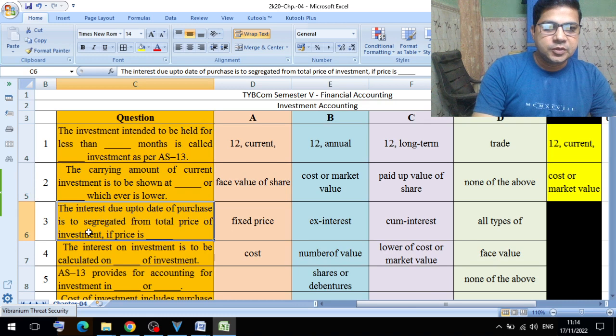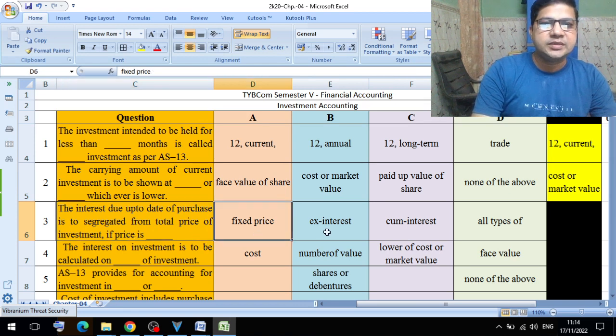Next question: the interest due up to the date of purchase is to be segregated from the total price of investment if the price is dash. Option A fixed price, option B ex interest, option C cum interest, option D all types of prices.